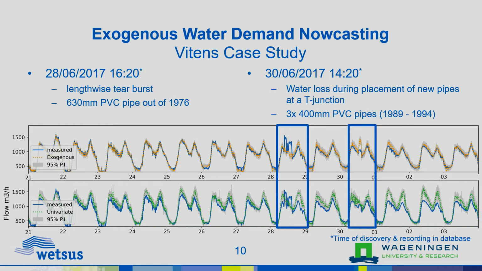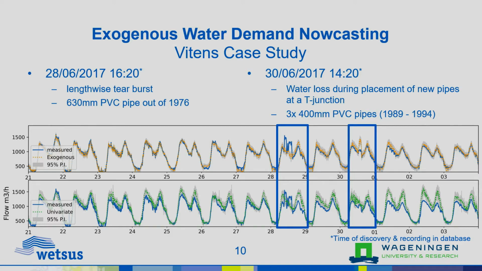We see that especially this newly developed exogenous method is quite certain and quite strong in detecting these deviations. The traditional method is also capable to some extent of finding these deviations, but struggles with a lot more false positives. If you look at how well the green line matches the blue, we see in a lot of places that this is not the case.